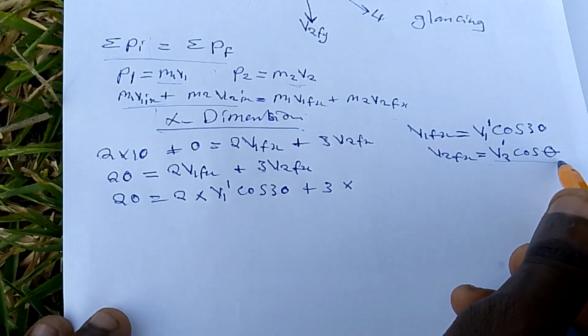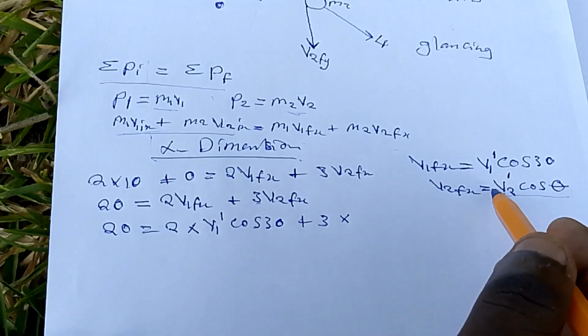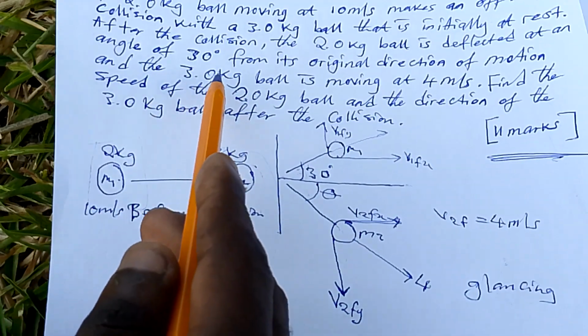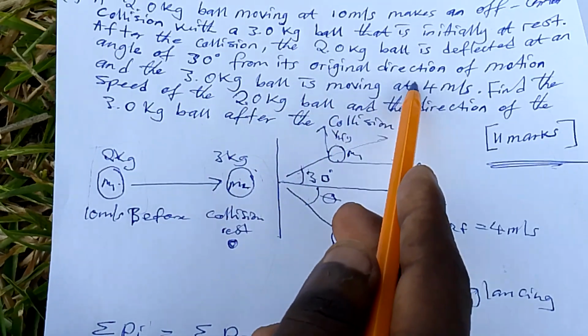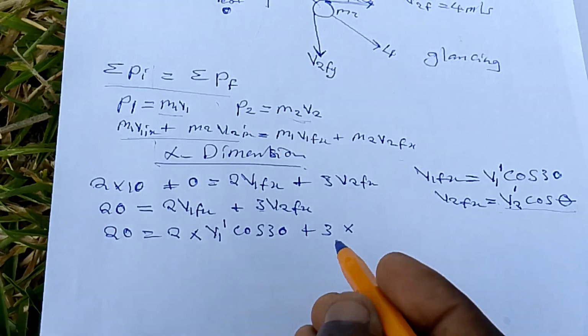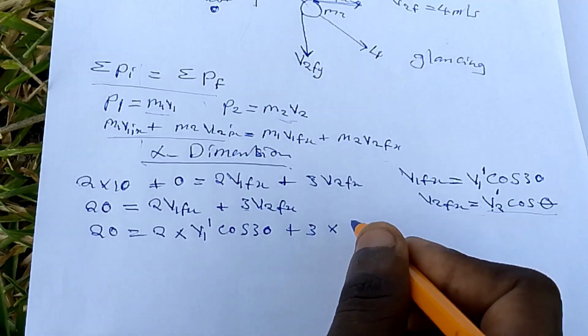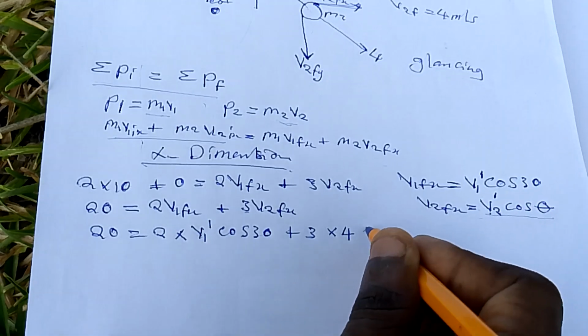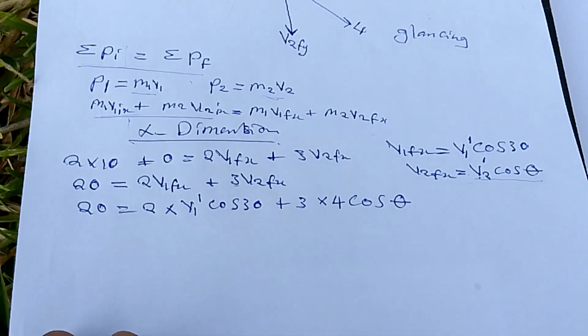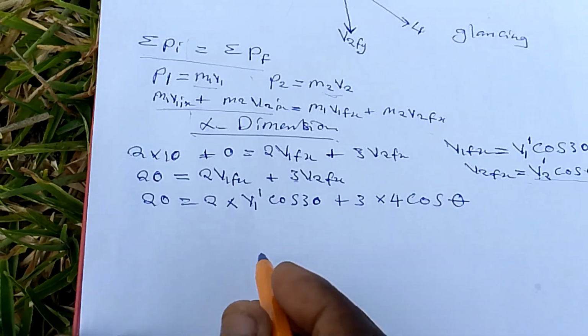But remember, we are given v2. The question was saying, after collision, the 3 kg ball is moving at 4 meters per second. So we are given the final velocity of the second ball after collision, which is 4 times cos theta, which we are looking for.